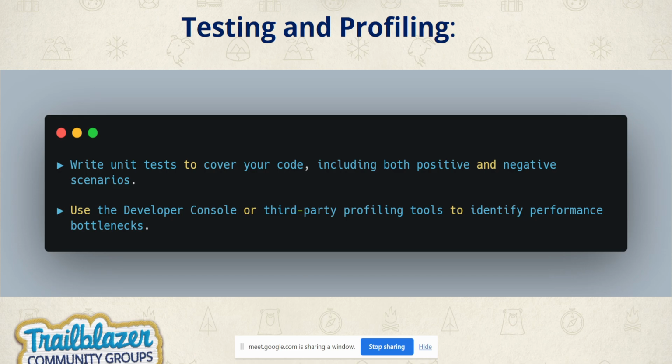Write unit tests to cover your code, including both positive and negative scenarios. If you are working on an Apex class, you know very well that to deploy it from one environment to another, you need test classes, right?